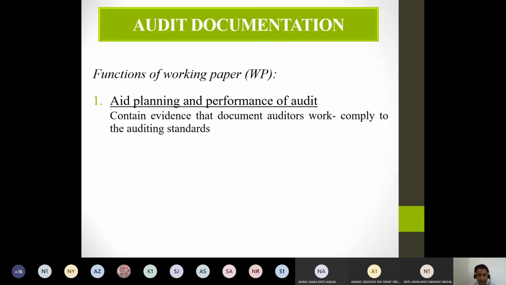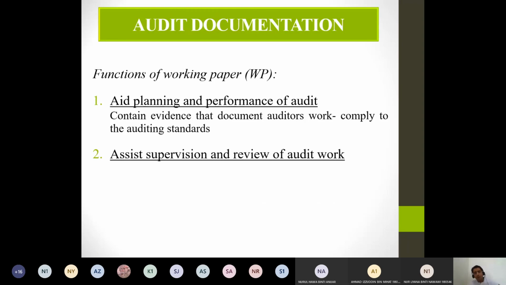It will assist the audit team in their performance, and it will assist the planning and preparing of the audit program, especially for the following years. Number two, assess the supervision and review of audit work.